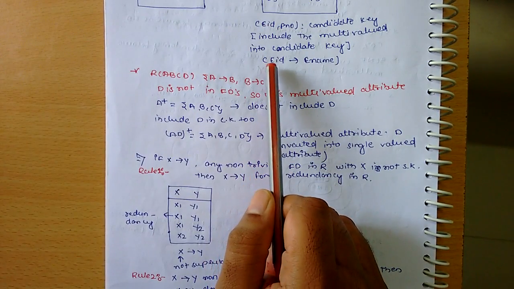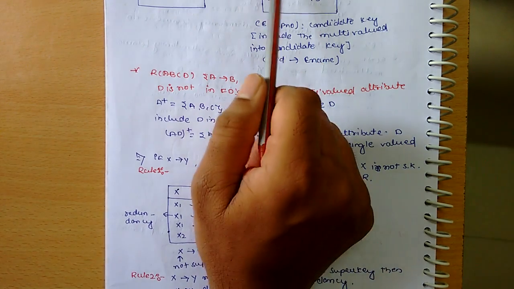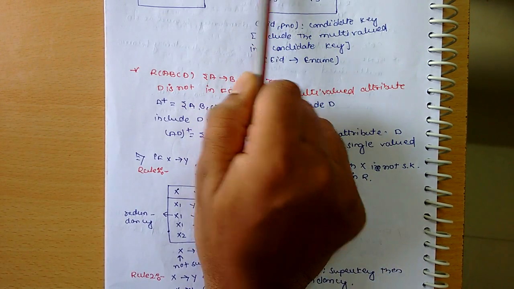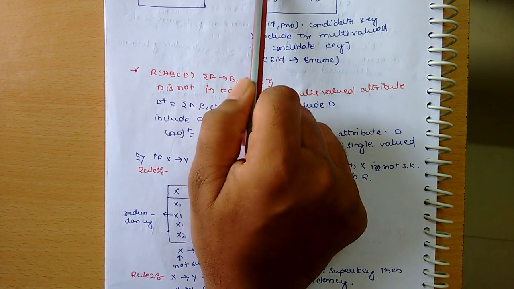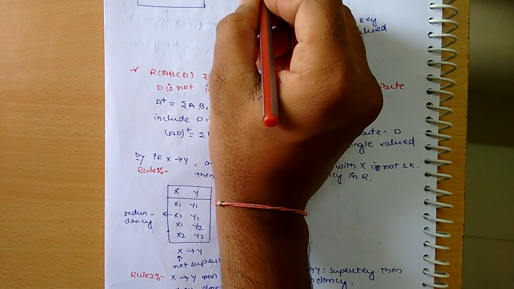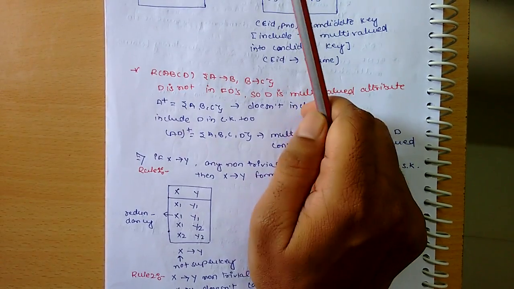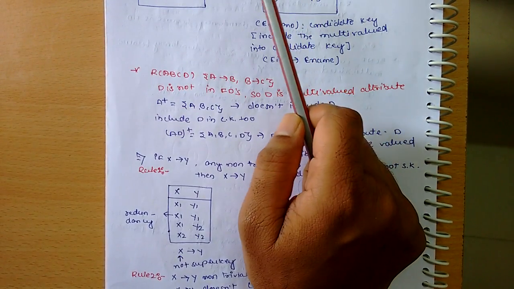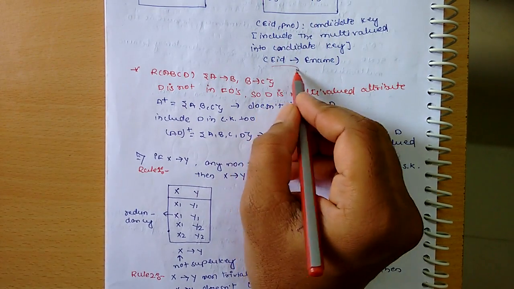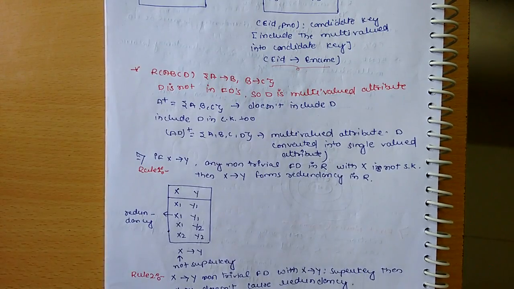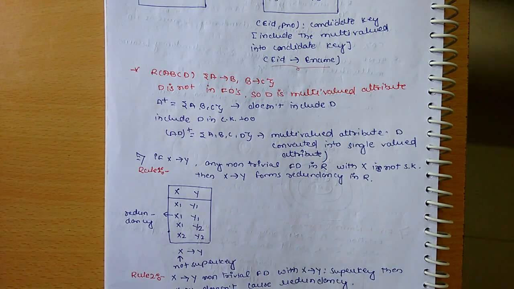There is also a single-valued functional dependency here, which is EID goes to ename. It means where EID is the same, then ename must be the same. It means EID can recognize ename, and this is called a single-valued functional dependency, and EID, P number is the candidate key for our relation.